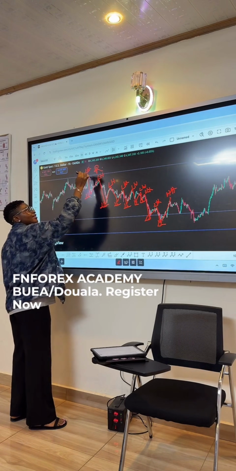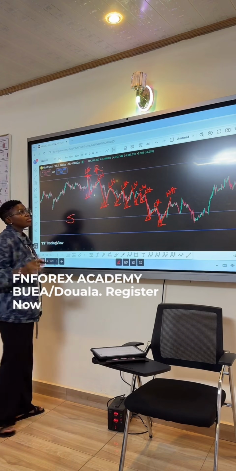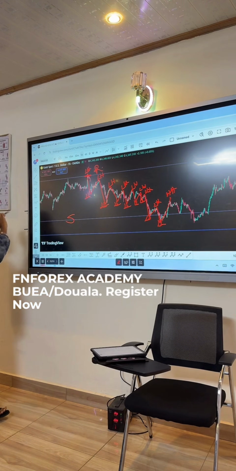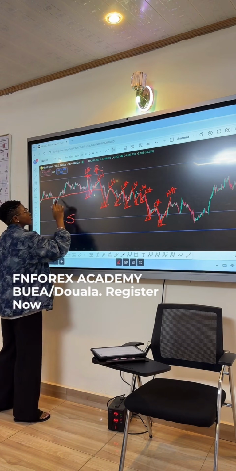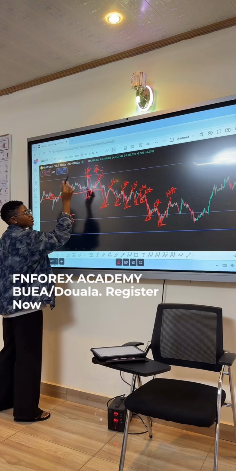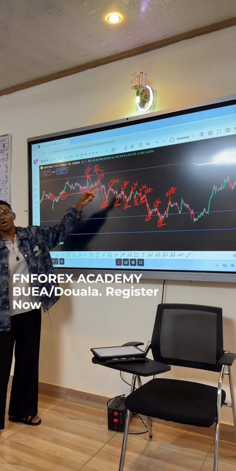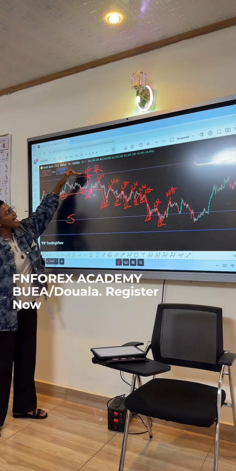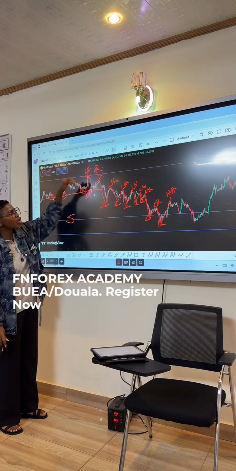So we enter at the lower high, then we target the next lower low. Because mind you, if we want to draw key levels here, this will be a key level. Rejection, sorry, buy to the upside. So this is a support level. So we enter at the resistance and then take TP at the next low, at the next support level.